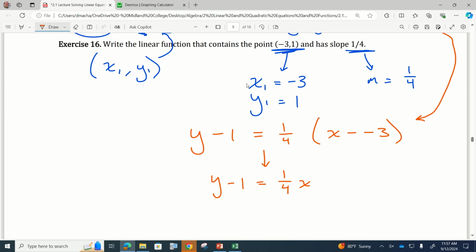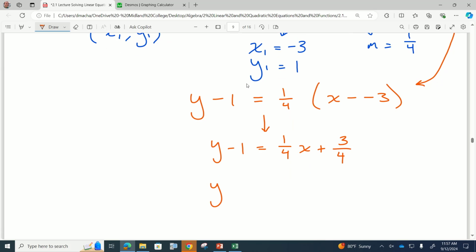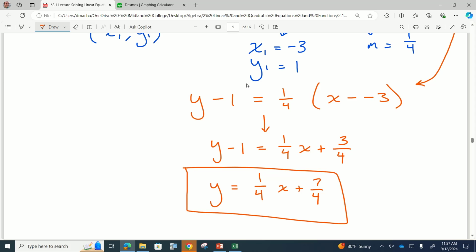Minus negative 3 is plus 3. And we distribute the 1/4, so it would be plus 3/4. And then I need to add 1 to both sides. Adding 1 to both sides makes that 3/4 into a 7/4. And this is more than likely what the correct answer choice is going to look like. It's the same line, but I wrote it in slope-intercept form.